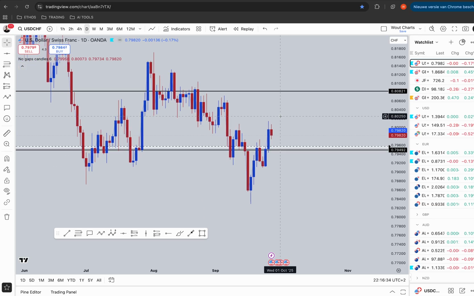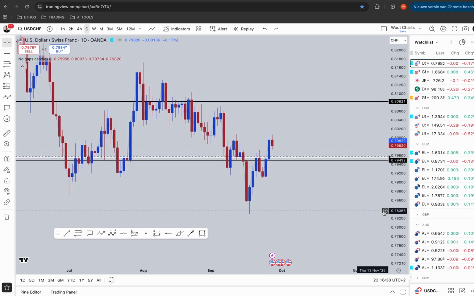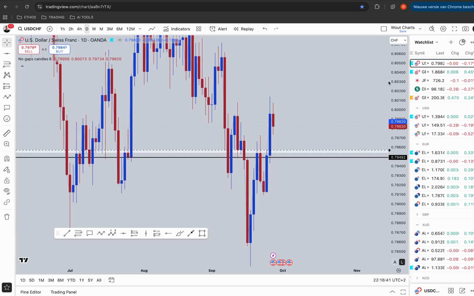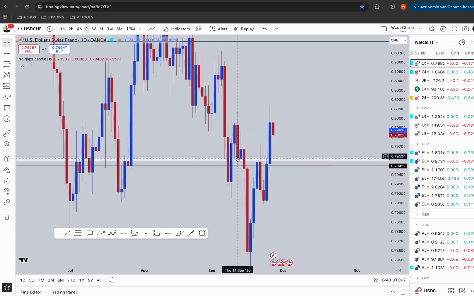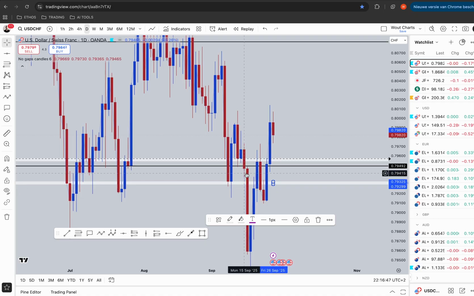If we continue to the daily right here, what can we see? A pattern in a pattern with two zones. We have zone 1 and zone 2. Zone 1 aligns very nicely with the bullish M right here for the pattern in the pattern, and it contains an IC.